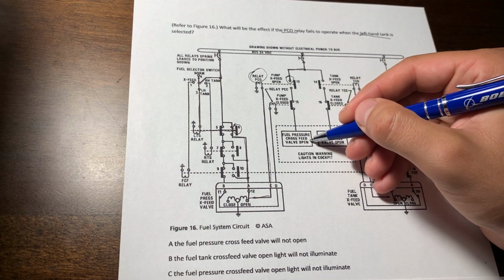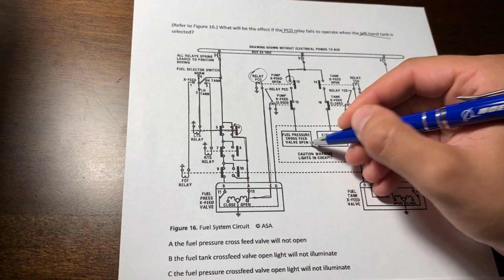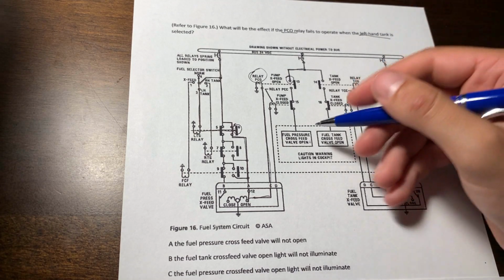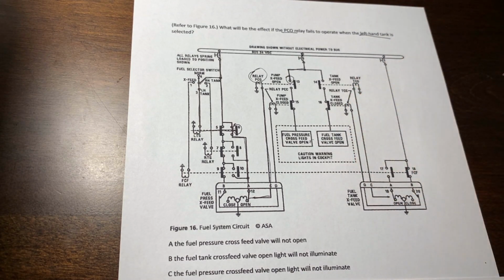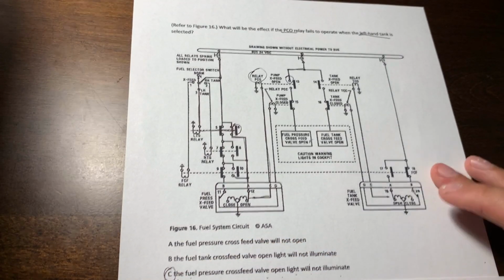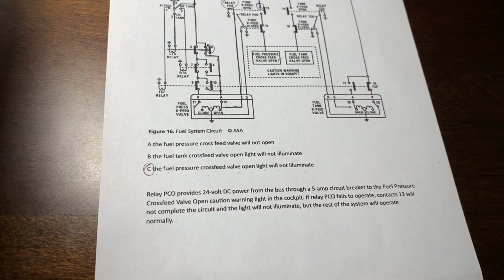The fuel pressure crossfeed valve open light in the cockpit would illuminate. So if the PCO relay does not operate, this light will not illuminate. If you look at our answers, the fuel pressure crossfeed valve open light will not illuminate. And that's our answer. And there's the explanation.